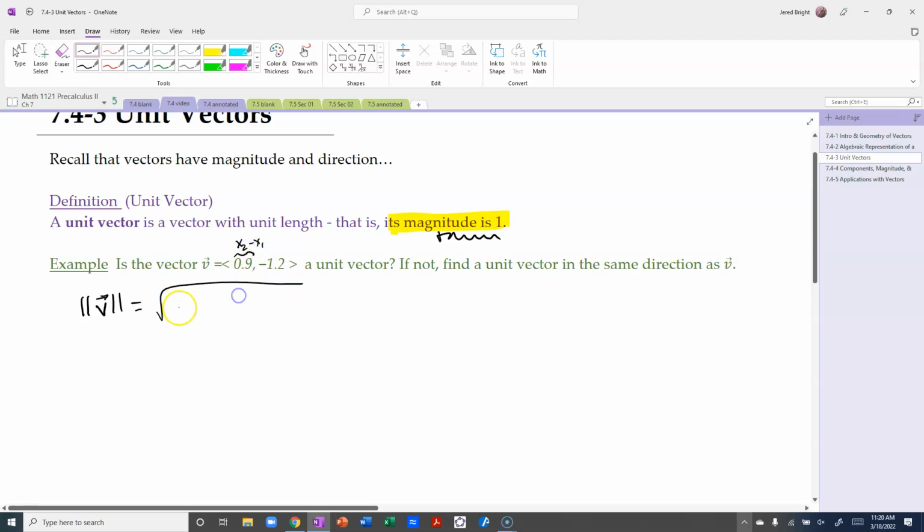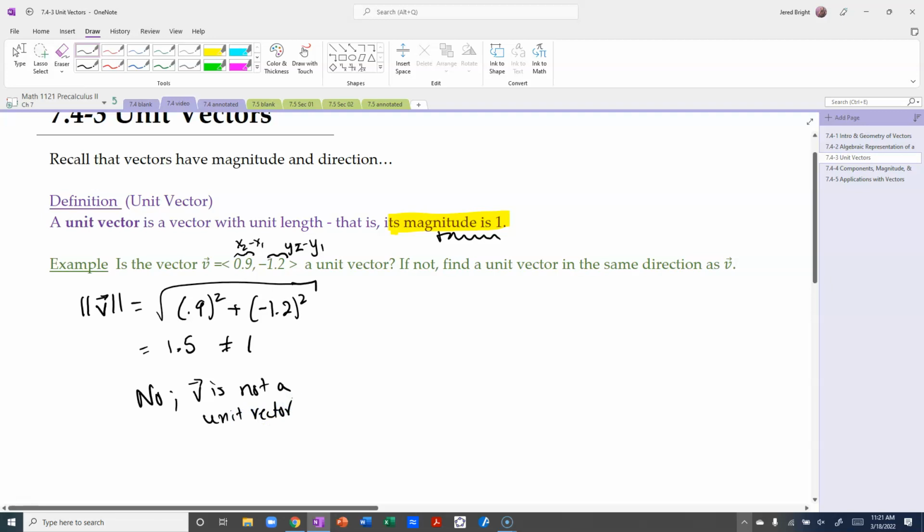So in our distance formula, we square 0.9 for the x, and then add the change in y's, which is negative 1.2, so negative 1.2 squared. This is going to give us 1.5, and this is not 1. So no, v is not a unit vector.